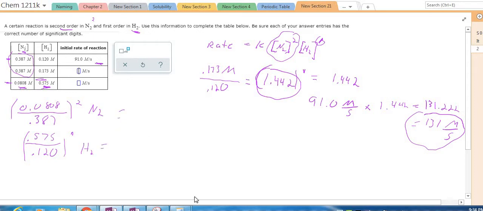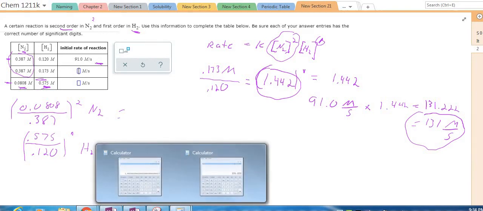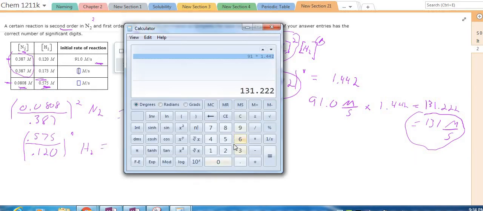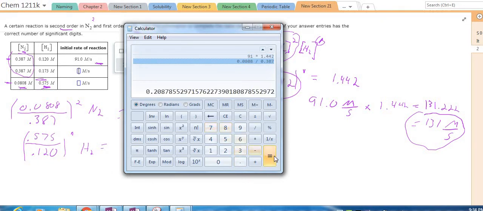So let's go ahead and pull up our calculator here. We're going to do 0.0808 divided by 0.387, and that gives us 0.208, or 0.20878, so we're going to want to square that.